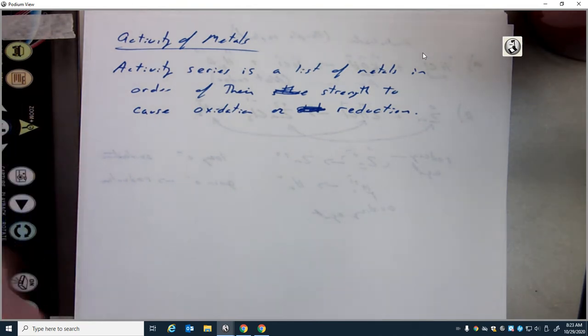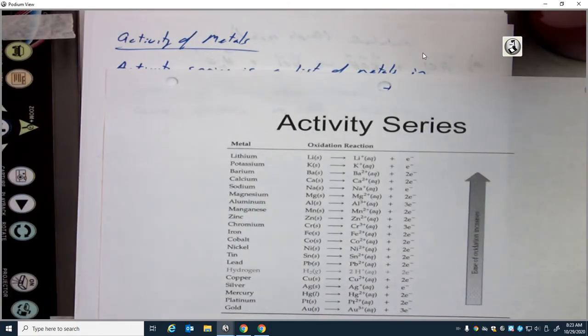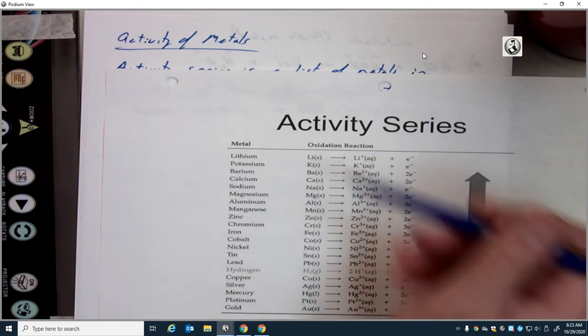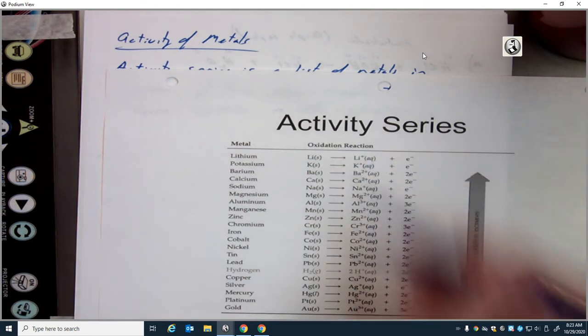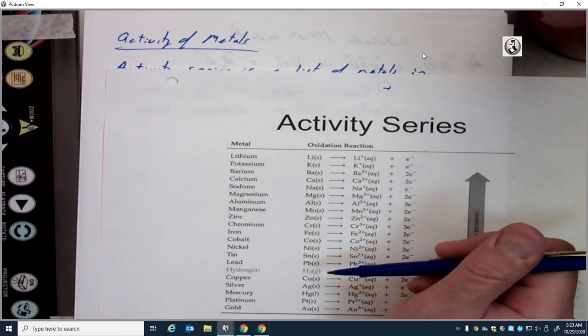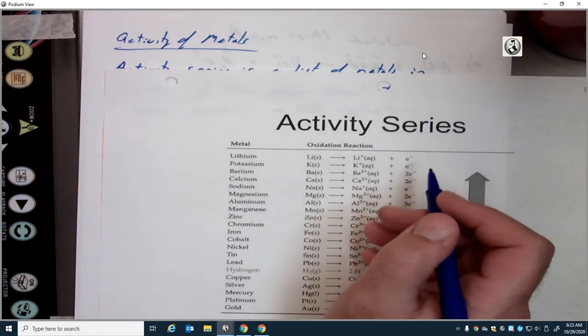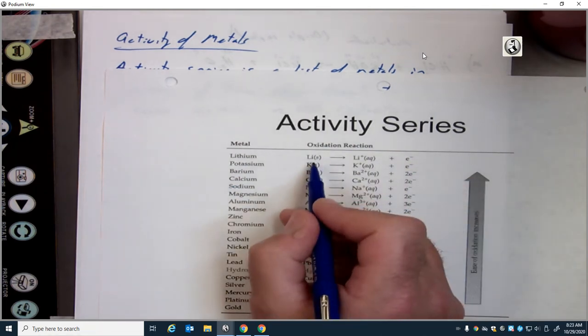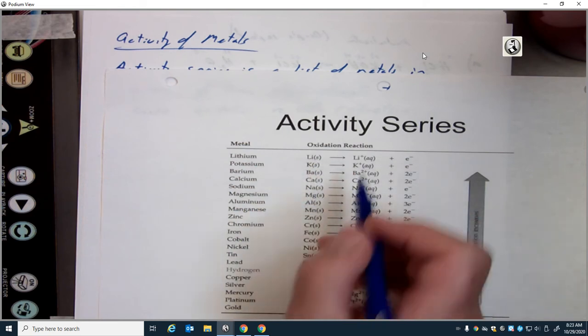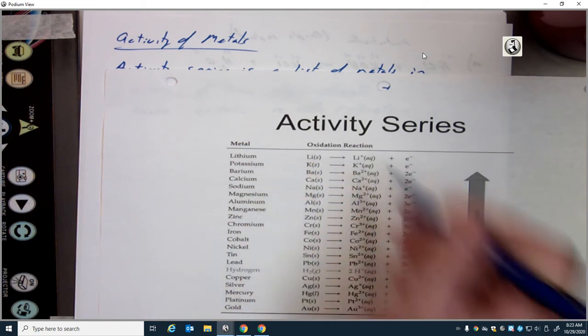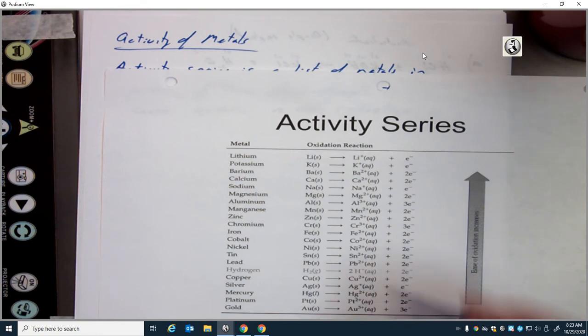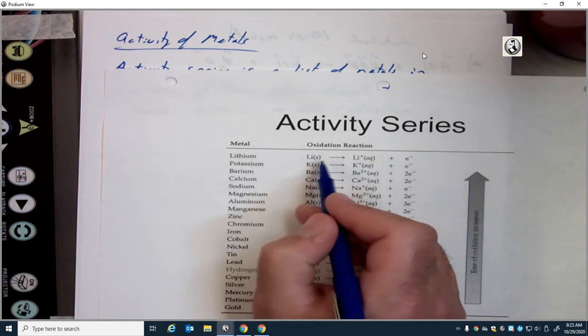So I have one here. This is an example of an activity series. And this one's listed by oxidation. Okay. So remember, it's loss of electrons. So, okay, this tells us which ones want to lose electrons and which one doesn't. All right, so this wants to go through oxidation on the top, right?